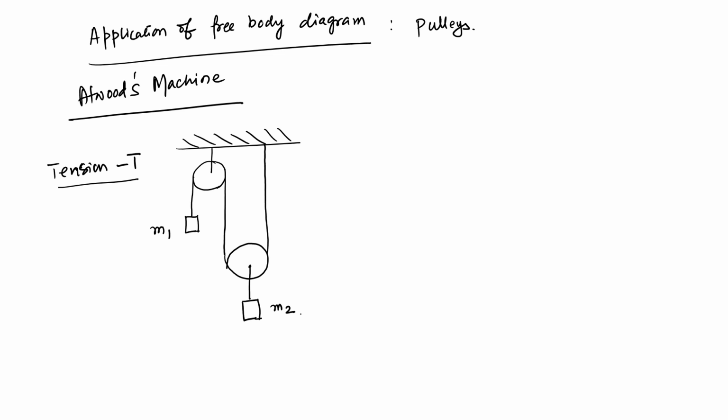The unknowns are of course a1, a2, that is the acceleration of mass 1 and mass 2, and the tension, which we have to find from the equation of motion.